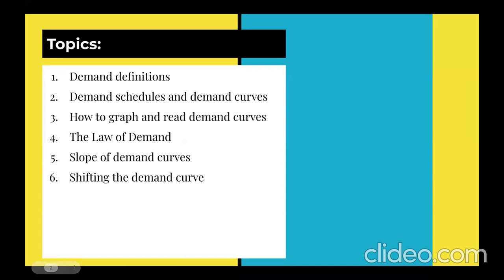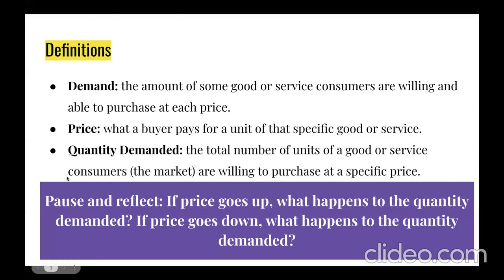So first off, here are some definitions. Demand is pretty simple. It's the number of units of a good or service consumers are willing and able to purchase at each price. Price is defined as what a buyer pays per unit of that specific good or service.